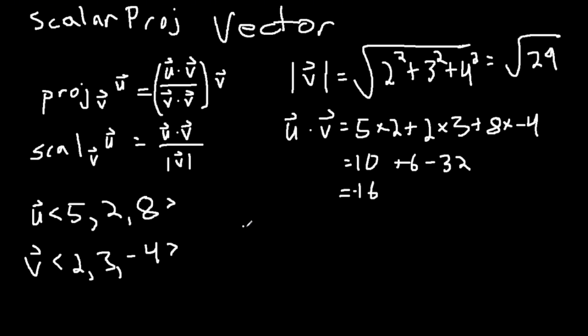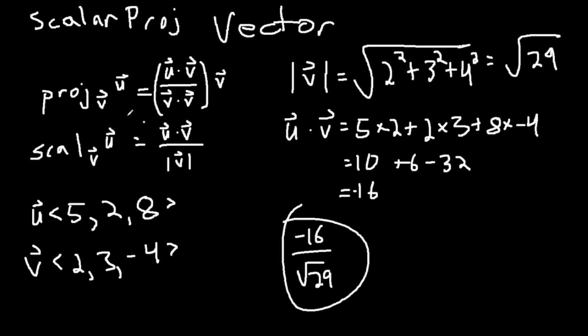So now we have -16 at the top, divided by the square root of 29. This is the answer here. What the scalar projection actually is, is the magnitude of the projected vector.